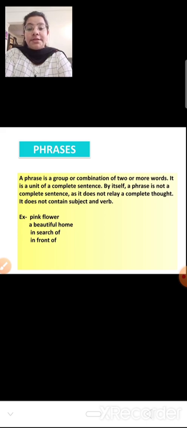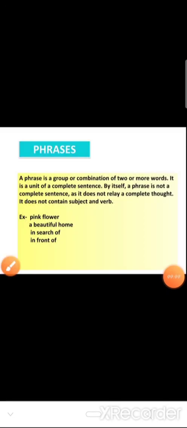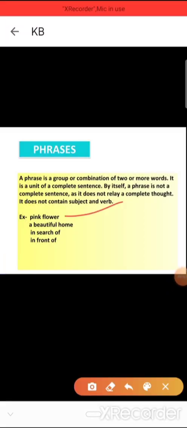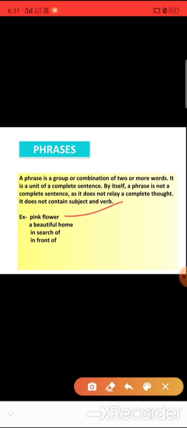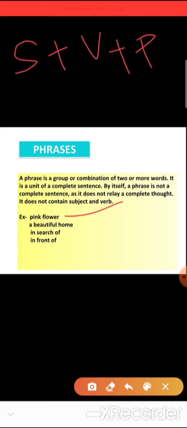Here we can see an example: a pink flower. A pink flower is a phrase because it does not have a subject and a verb. To be a complete sentence, one must have subject plus verb plus predicate.